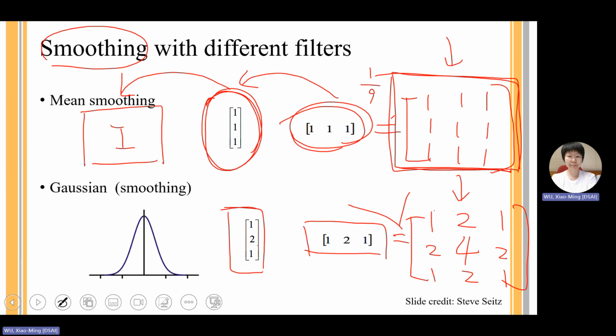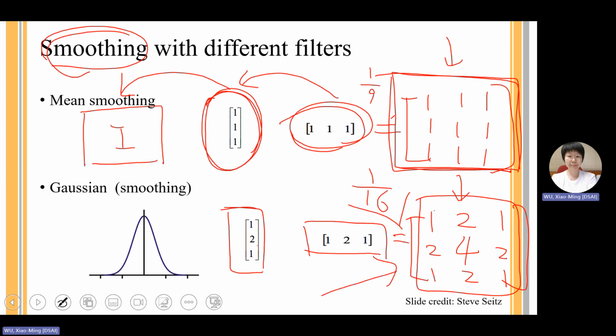It should be 1 over what? 16, right? Because we just sum up those values, and it gives us 16, so 1 over 16. Okay, so typically we have two smoothing filters, and the most commonly used one is the Gaussian filter.